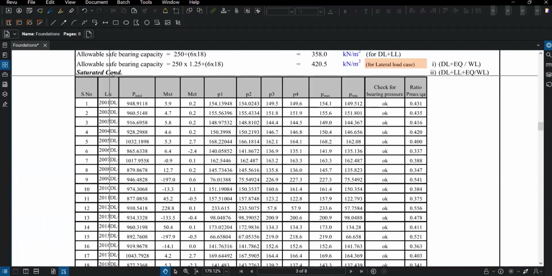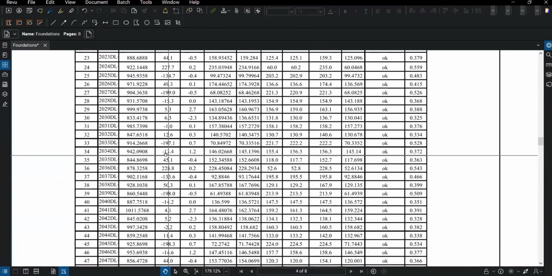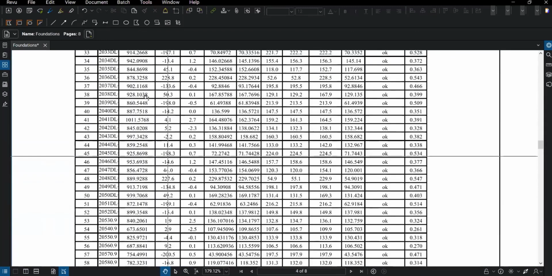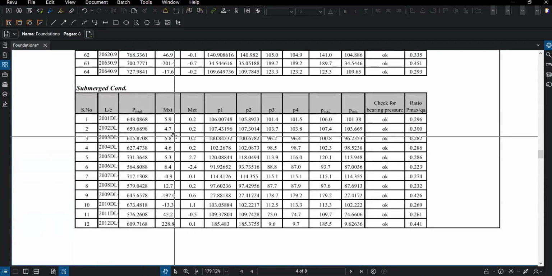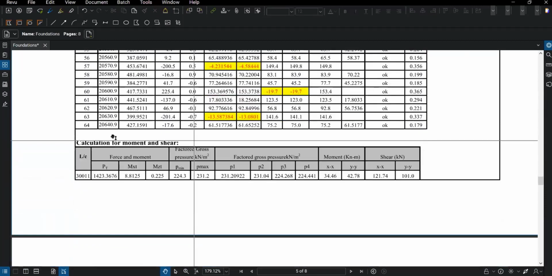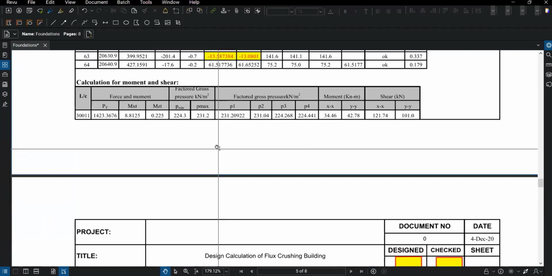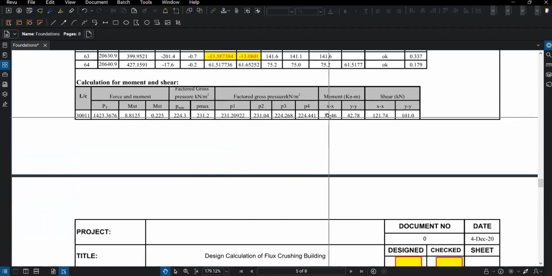And that too is done for saturated conditions. Scrolling down, I have made another calculation for submerged condition where the soil weight reduces. And then another table which calls up for calculation for bending moment and shear force.